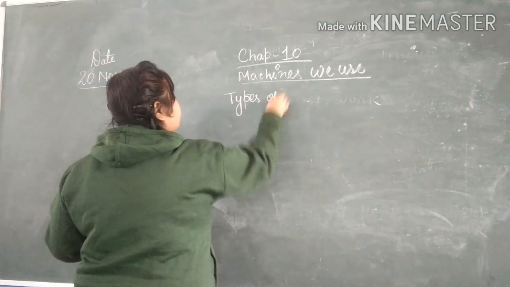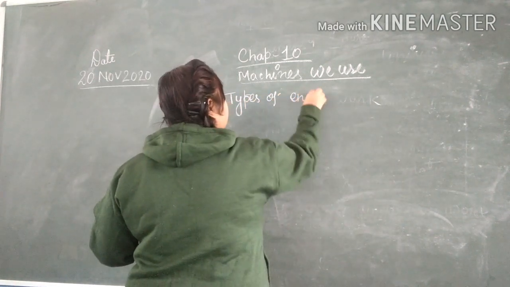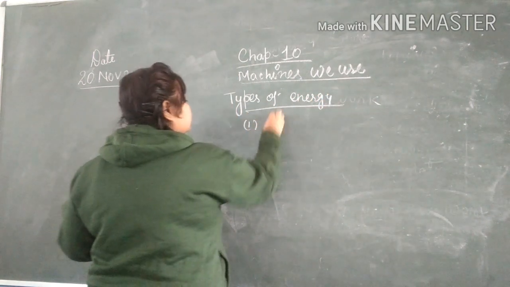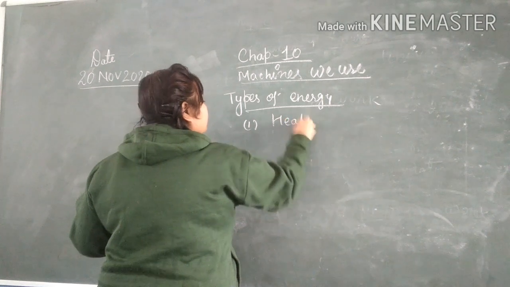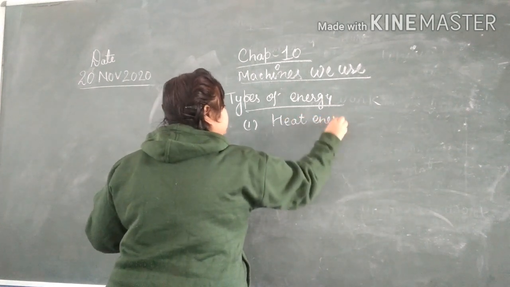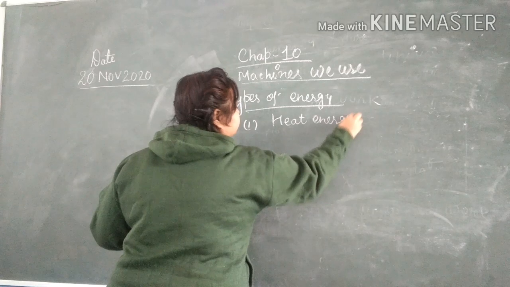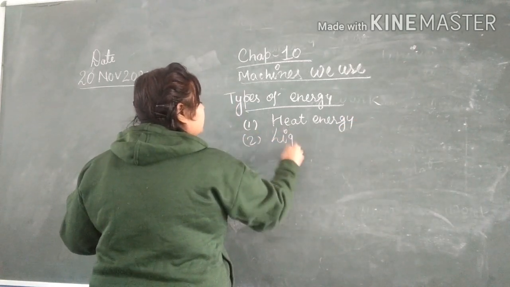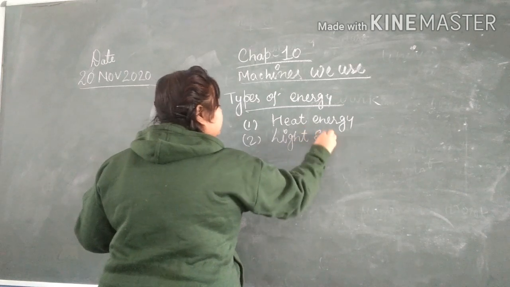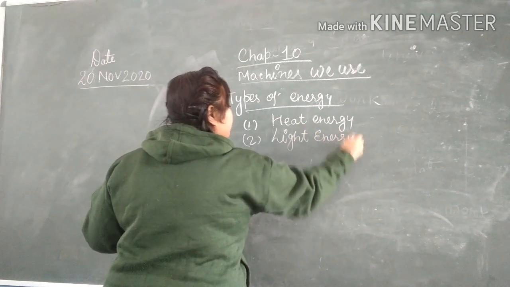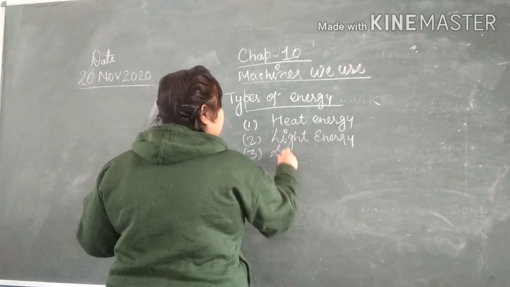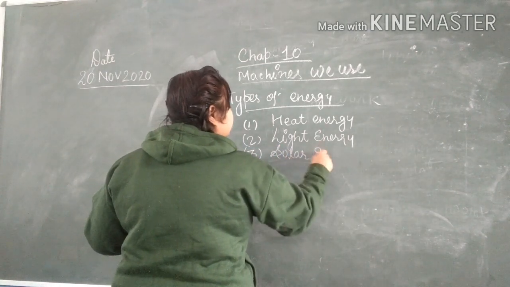Types of energy. First is heat energy. Second is light energy. And third one is solar energy.